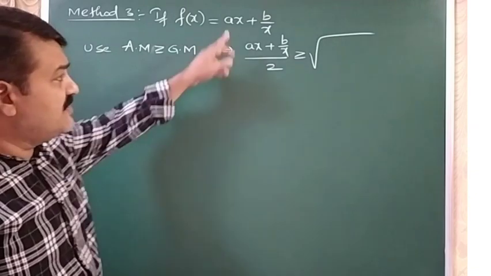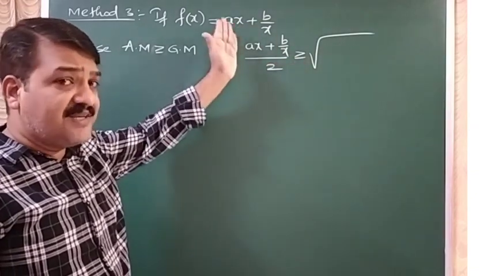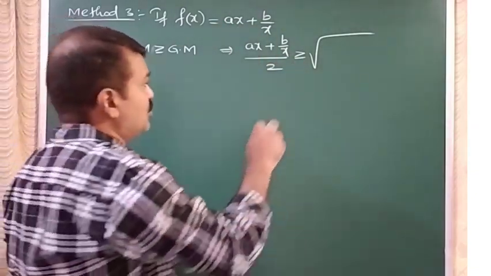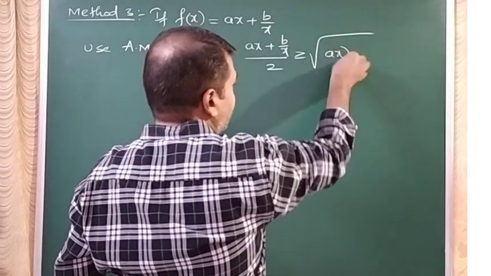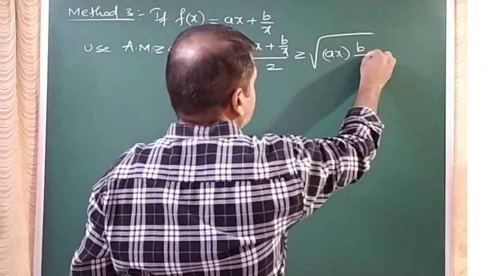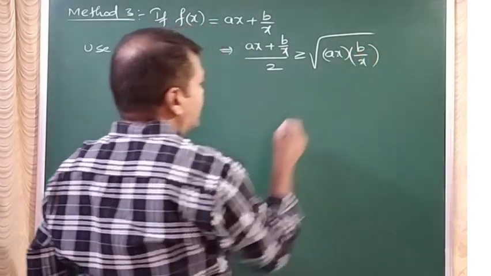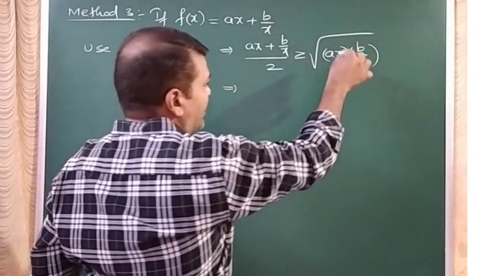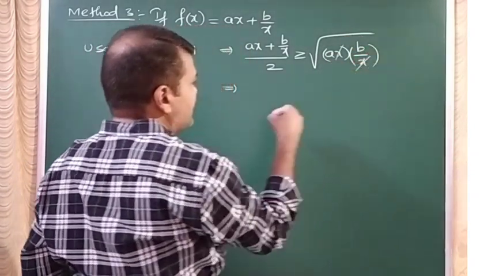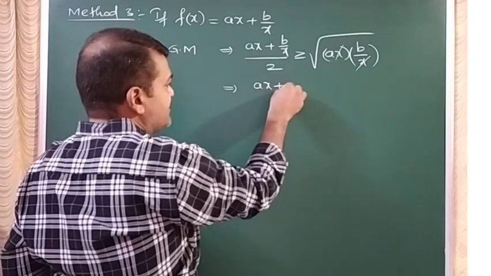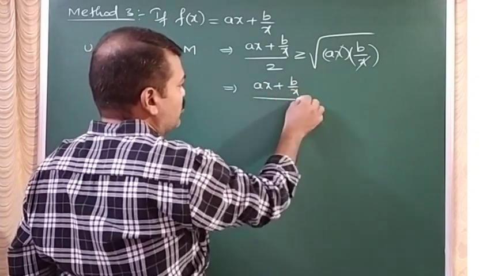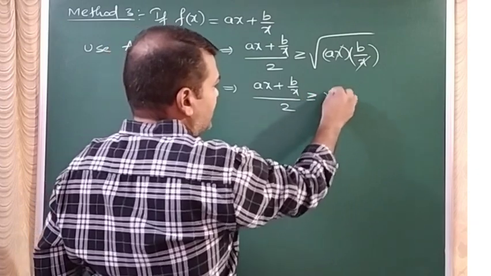GM for these two terms will be root over first term into second term. Now clearly you can see x and 1 by x cancel. So (ax plus b by x) by 2 is greater than or equal to root ab.